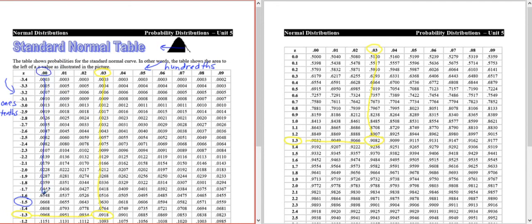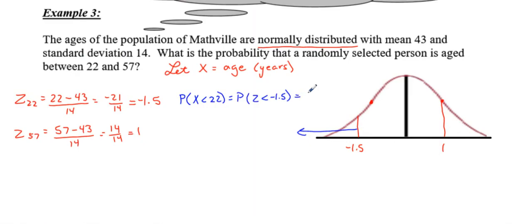So the probability is really just right there, 0.0668. So the probability of being less than a z-score of negative 1.5 is 0.0668.